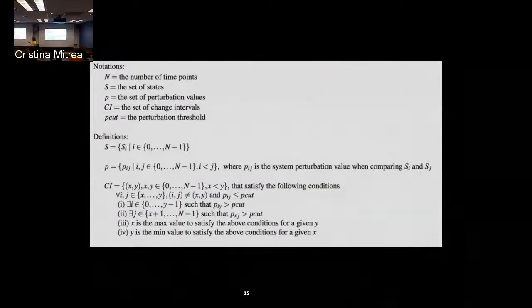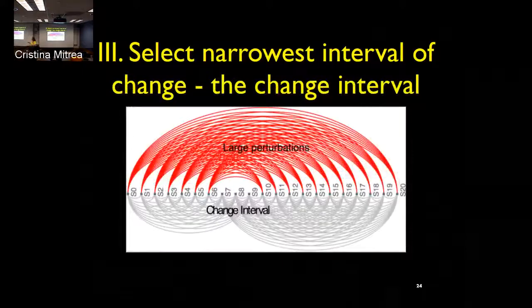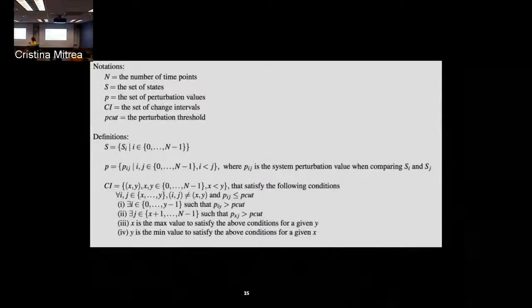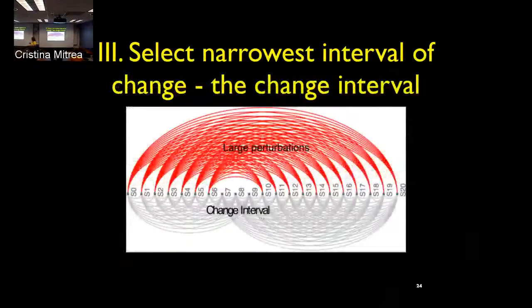So this is the formal description. It basically tells you that we are looking at everything that's before the change interval and everything that's after, and we shouldn't have any change in the interval. It says this is the maximum value to satisfy that condition, meaning this is the maximum value for this part, and this should be the maximum value of these states, and this should be the minimum value of these states.